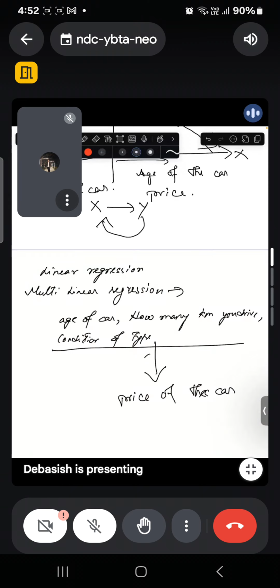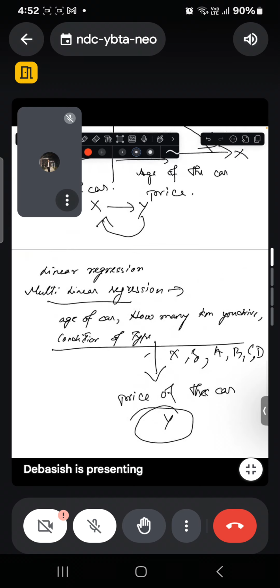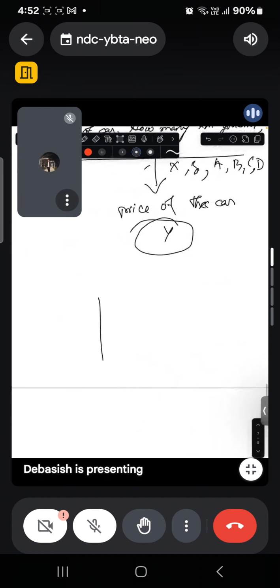So there are many variables, x, z, a, b, c, d, lots of variables. Based on that we will know the price of the car. So this is a multilinear equation. Why am I saying linear? Because this graph is linear.